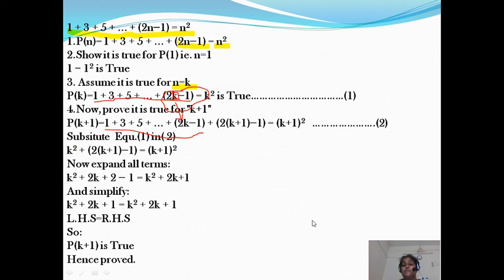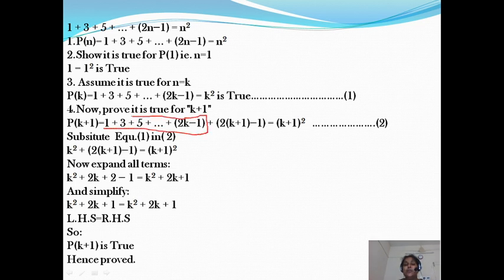In the RHS, in the place of k, you substitute k plus 1, so you get k plus 1 whole square. This is equation number 2. Look at this much portion.